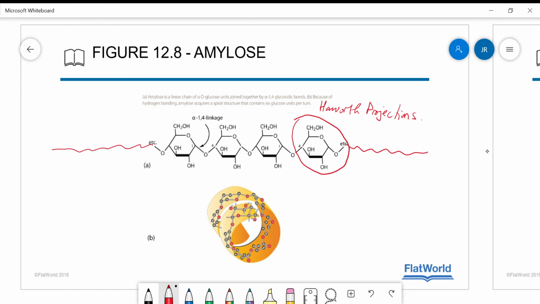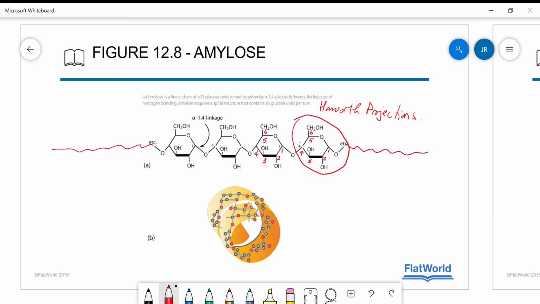Notice they've started to label some of these carbons. We've got carbon 1, carbon 2, carbon 3, carbon 4, carbon 5, carbon 6. So I'm just labeling one of them. We do the same for an adjacent one, carbon 1, 2, 3, 4, 5, 6.